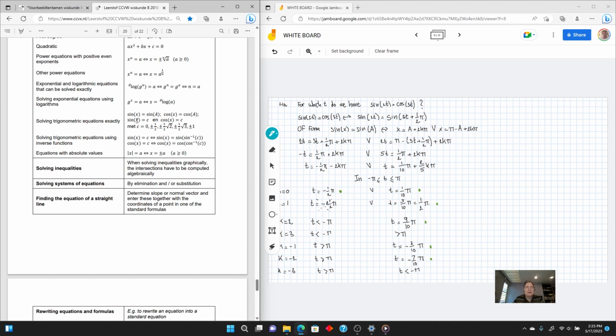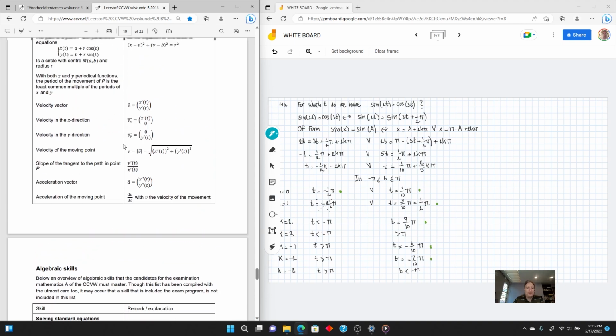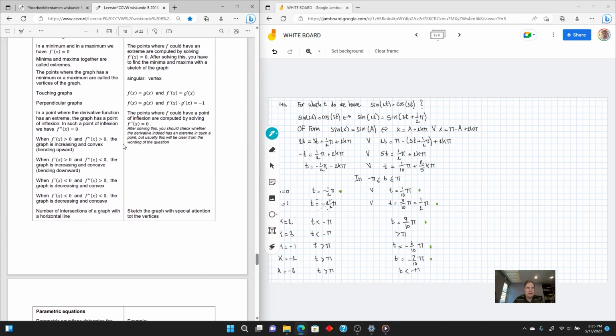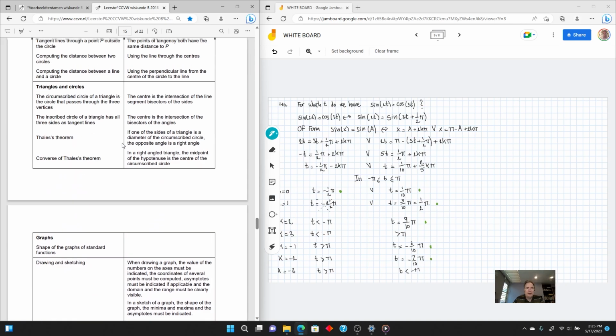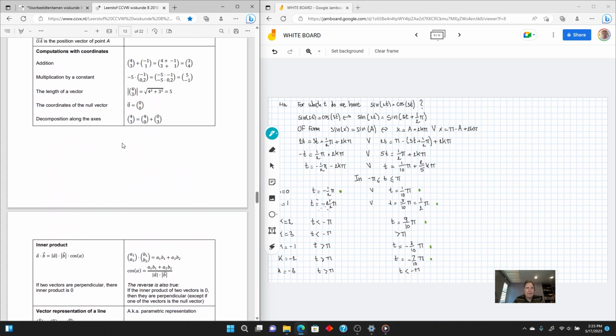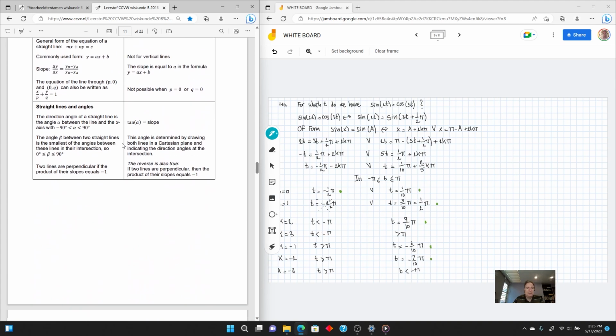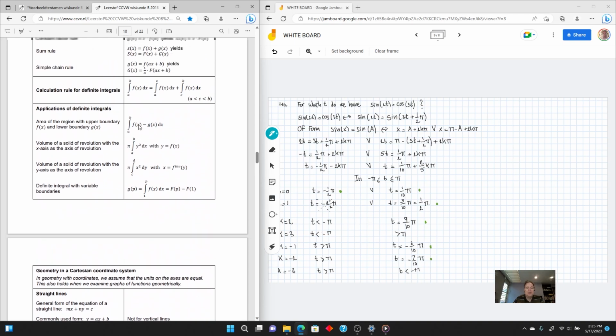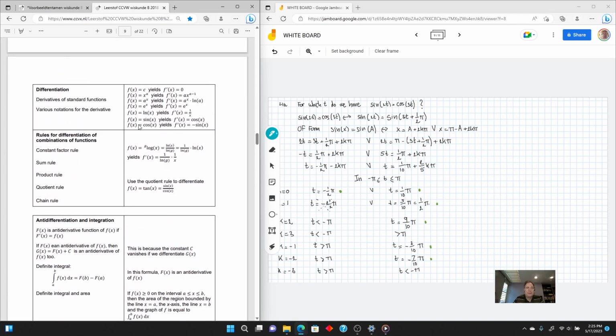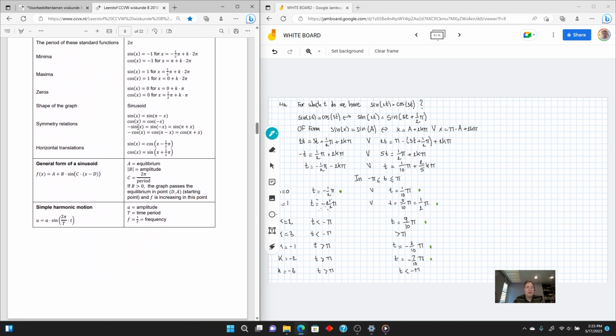Actually, this is something that's also useful here. And what again comes back is you need to be able to solve equations of this form: sine x is sine a, cosine x is cosine a. And in the video I made on the syllabus, I also emphasized that before. But for the rest, there is a section on trigonometry here and symmetry relations.